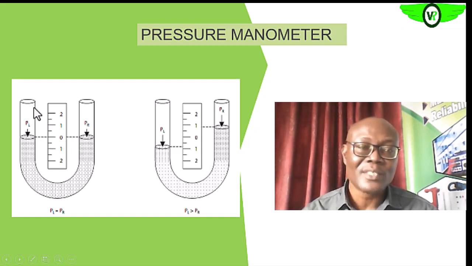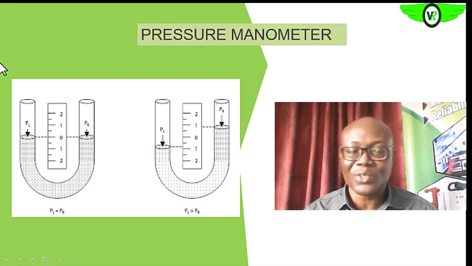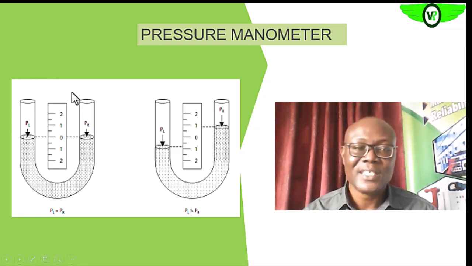So now assume that this end of it is now connected to a pressure source. Are we getting it? Which means that if that pressure source is higher than the atmospheric pressure, what will happen? You see that the force on this column will be higher, and that will move the fluid in the right column up.